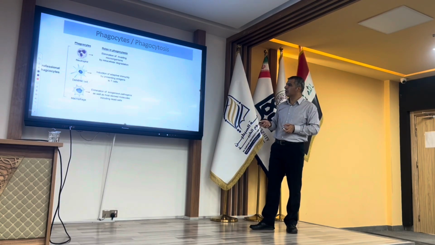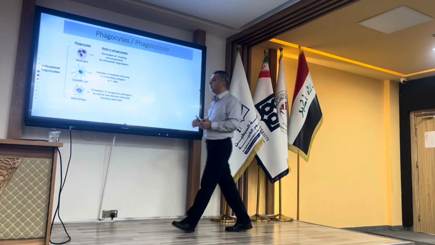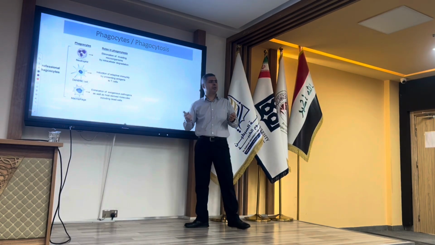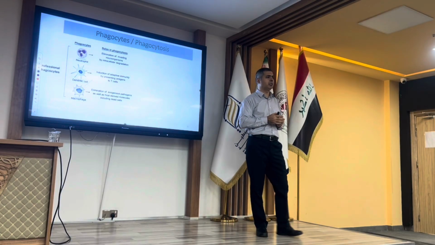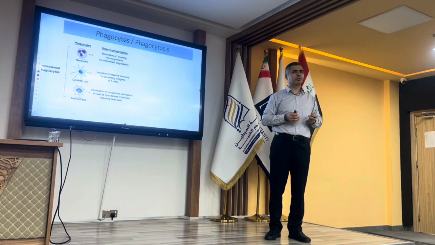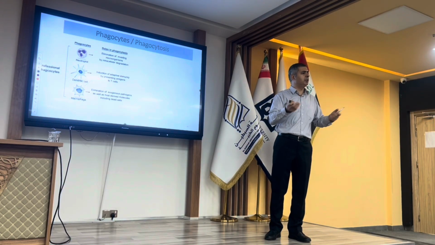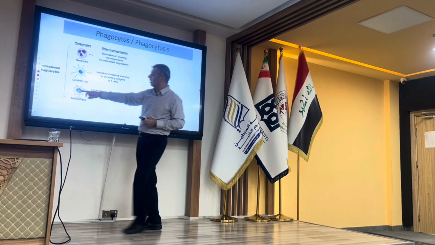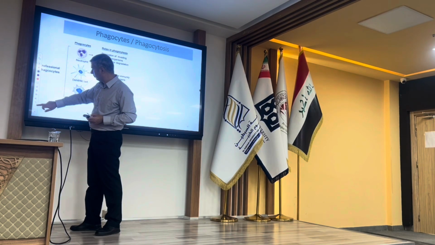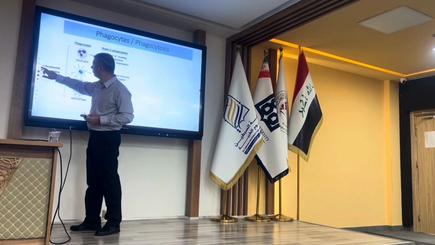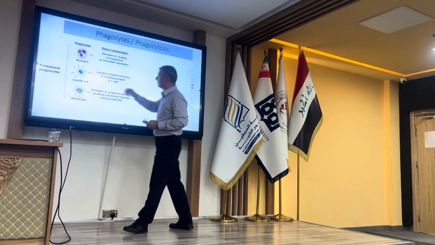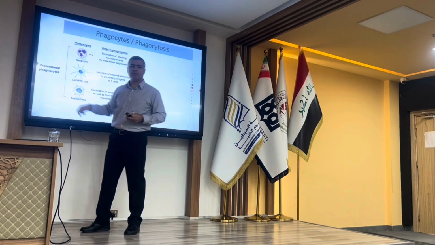So those cells are called professional phagocytes: neutrophil, dendritic cell, and macrophages. But you know that B cells can do phagocytosis because they are an important APC, and eosinophil can do phagocytosis. That's why we say they are called professional phagocytes.